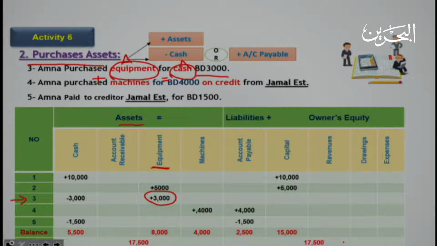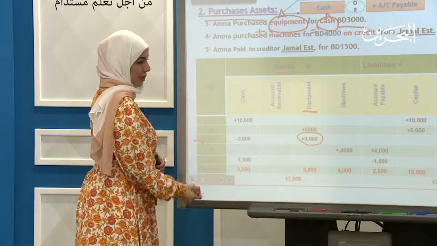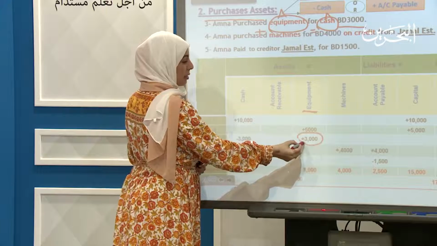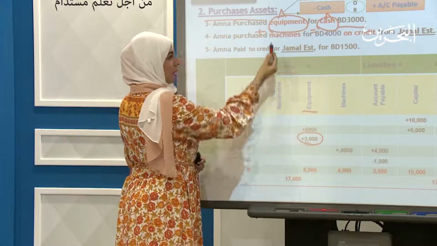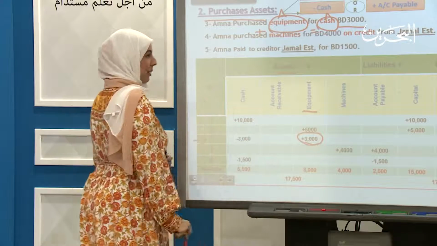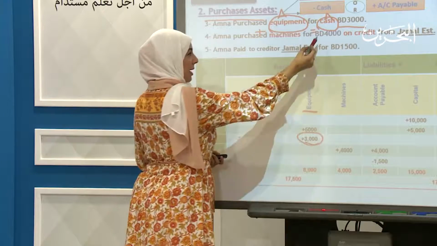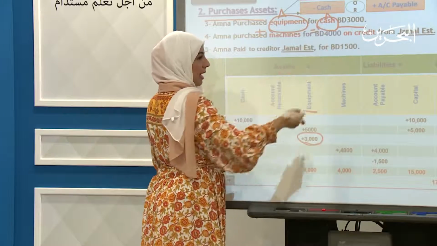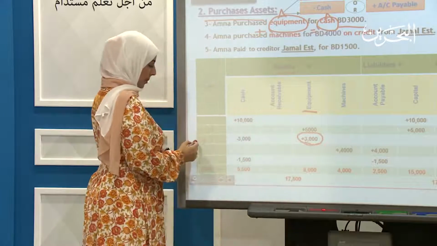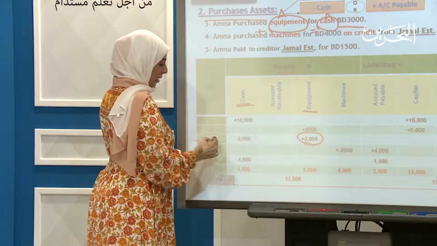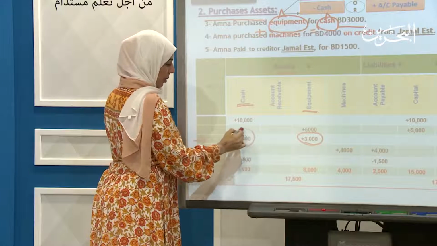Going to the asset section and going to the equipment account, I will increase it by 3,000 because I purchased more equipment in my company. When I purchase this equipment, I pay for it by cash. So my cash will decrease. Coming to transaction 3, cash account, I will decrease it by 3,000.